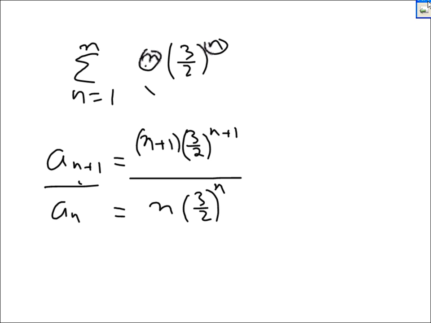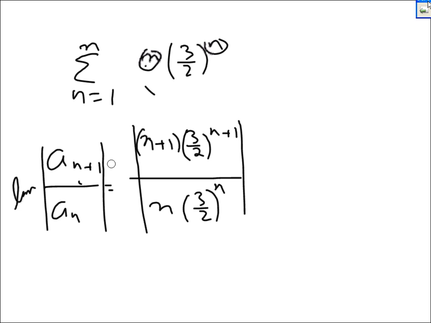And we divide these, take absolute value, and then we take the limit. We want the limit, just one equal sign. We want to take the limit.